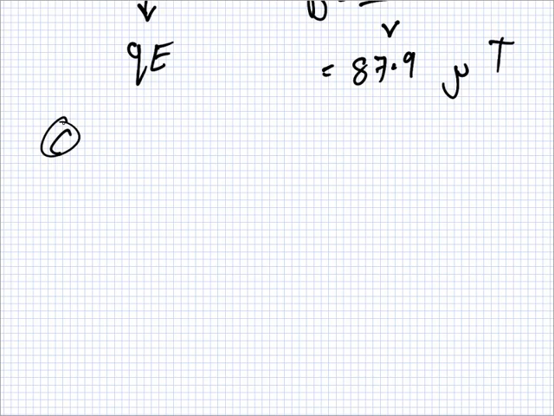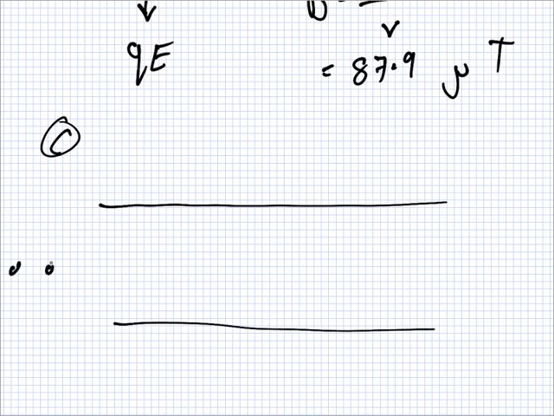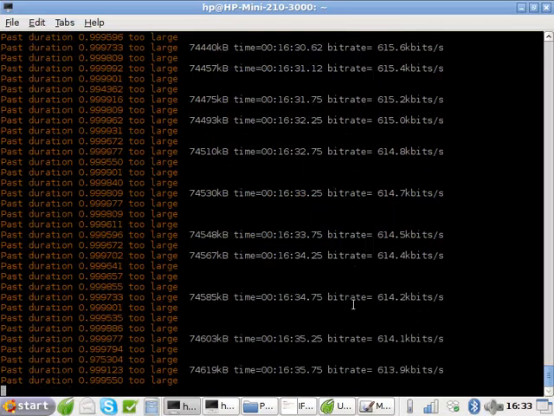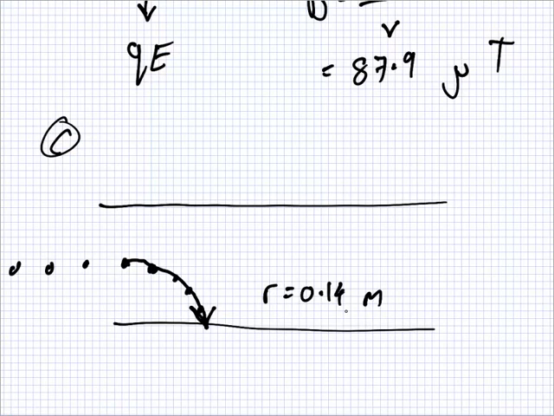Okay, so what's happening here? Your ions come along basically, and they enter this field, and the field causes it to move in a circle. And the radius of the circle is 0.14 meters. What else did they tell us? They tell us that these isotopes have lost one electron.